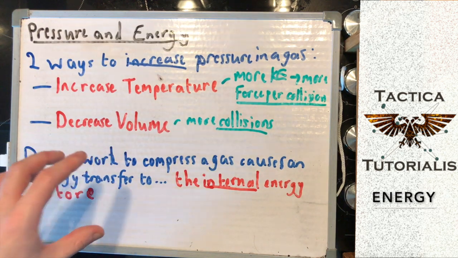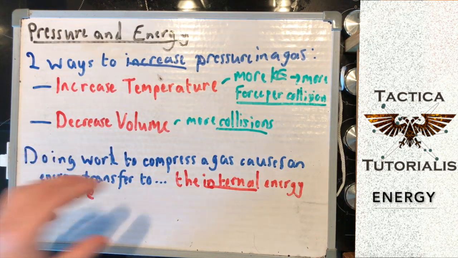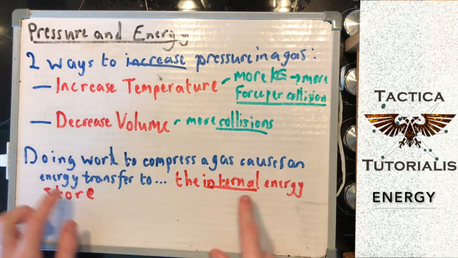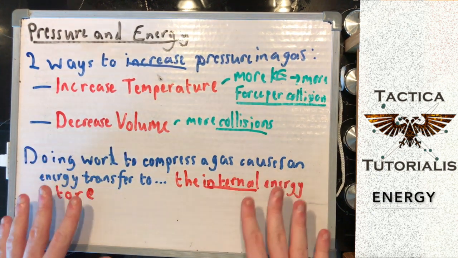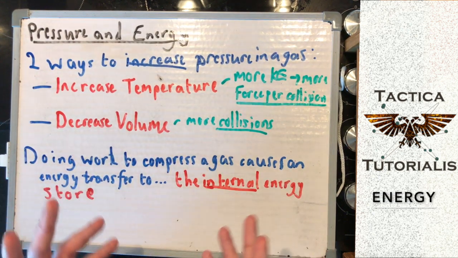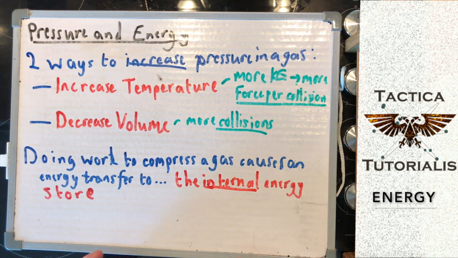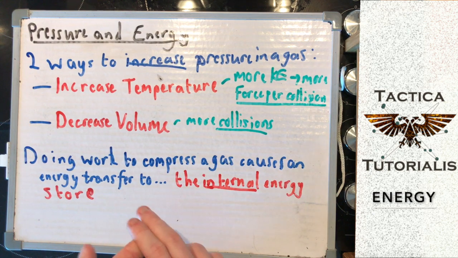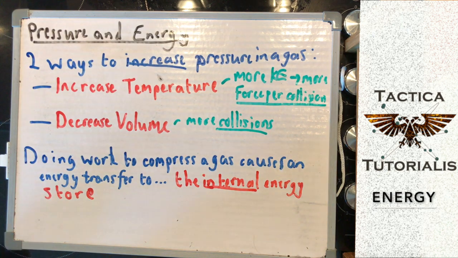And generally that transfer to the internal energy store will end up in the kinetic energy store in the form of temperature. So that is the last point, and sometimes you get questions about why, in terms of energy, a gas will heat up, and generally you're talking about doing work and transferring to the internal energy store, thus increasing the kinetic energy.